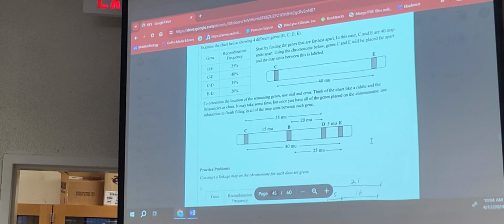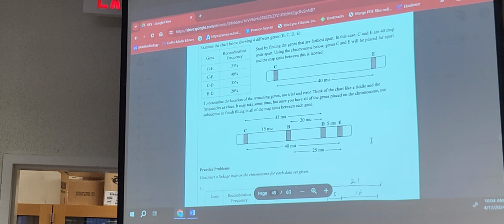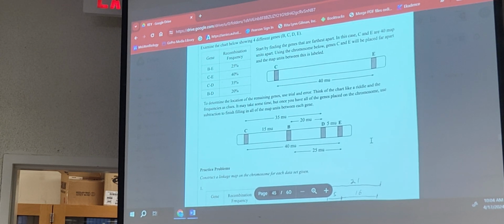Okay. Then we've got the 25% for B and E. What that tells me is that the 25 could be here or here.